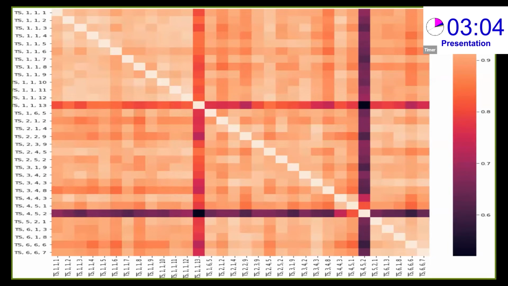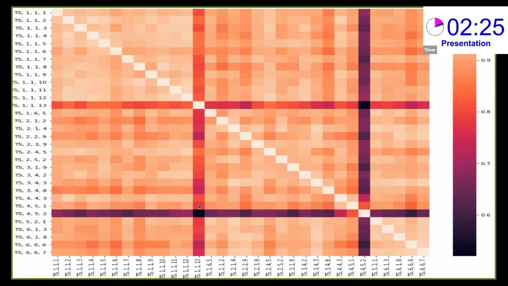Last but not least, these are the results. The color of each cell in this heat map stands for the semantic similarity between two chapters. For the sake of explanation, let's take a look at this black cell.